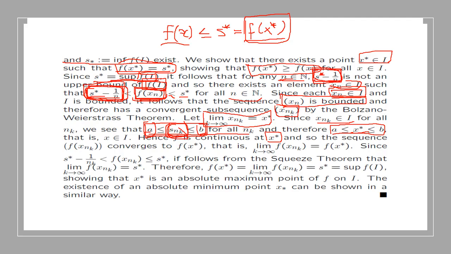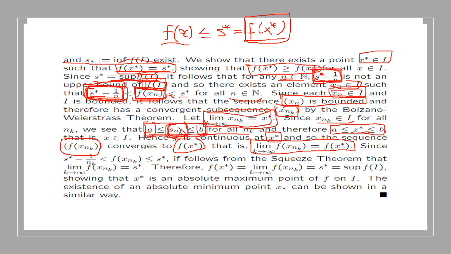Since f is continuous and xnk converges to x star, it follows that f of xnk converges to f of x star. That's the limit as k goes to infinity of f of xnk is equal to f of x star.